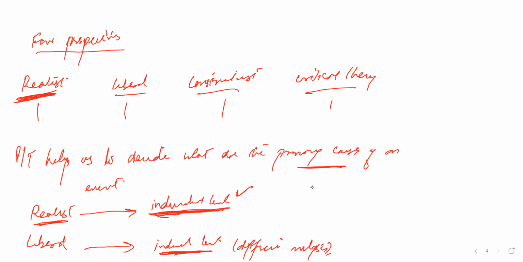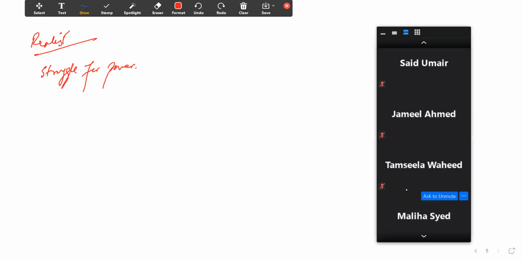As far as the realist perspective is concerned, in most cases, you would come across that it's the struggle for power as the most important reason or causation behind any development.